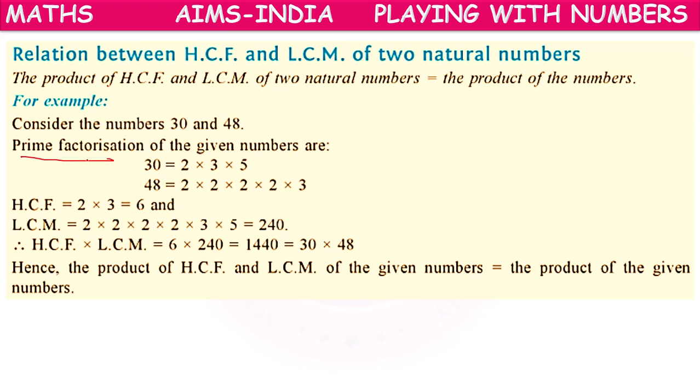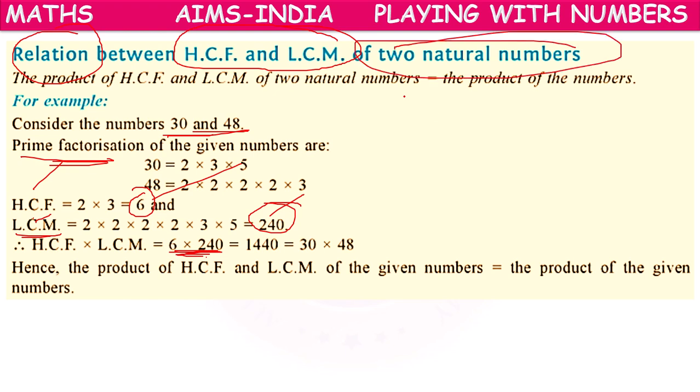So with the help of prime factorization, for the given two numbers, we have calculated HCF, it is 6, and LCM, it is 240. Now, what is the relation between them? The product of HCF and LCM, 6 into 240, is equal to the product of the given two natural numbers.